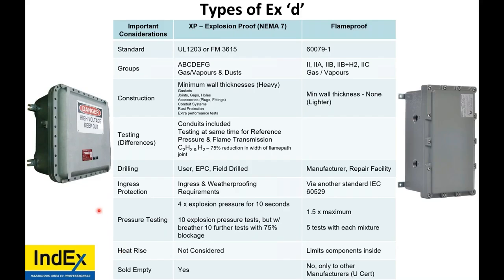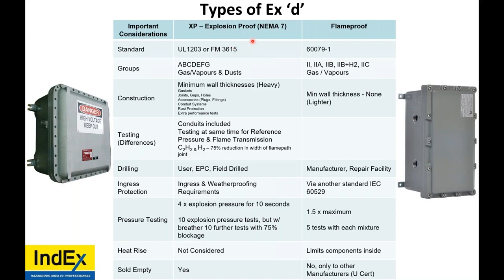But there are two different types of EXD: explosion proof and flame proof. Now, the word explosion proof is used incorrectly throughout the industry as meaning all of EX, all of hazardous area equipment. If you use the incorrect terminology, you're going to cause confusion.